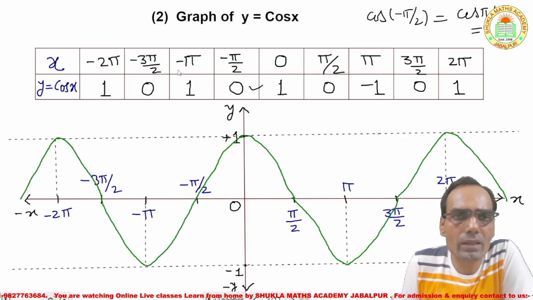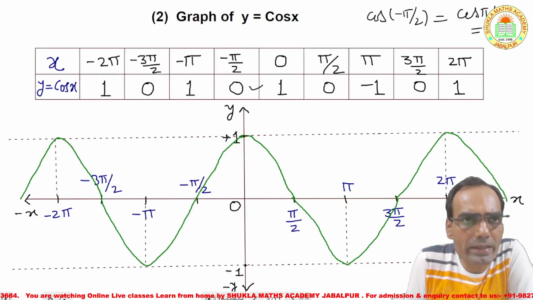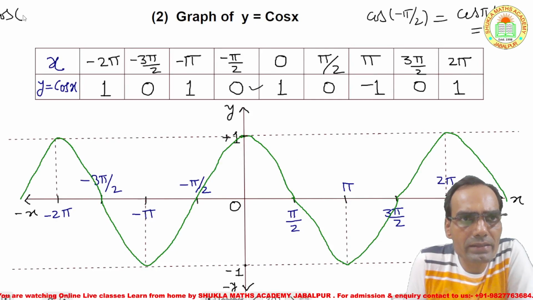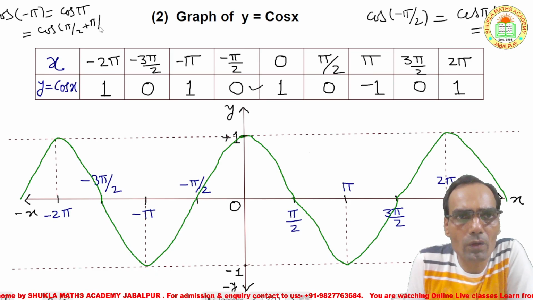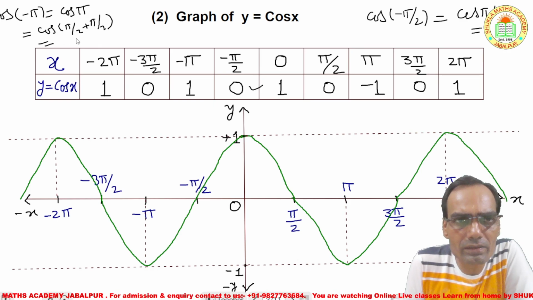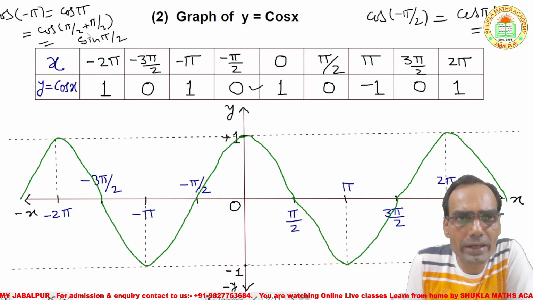And also we will find the value of minus pi. So write down cos of minus pi; cos of minus theta is cos theta, we know that, so it is cos pi. Break the cos pi as pi by 2 plus pi by 2, because we have the formula of cos(pi by 2 plus theta), which is minus sin theta, meaning sin pi by 2, and negative or positive?